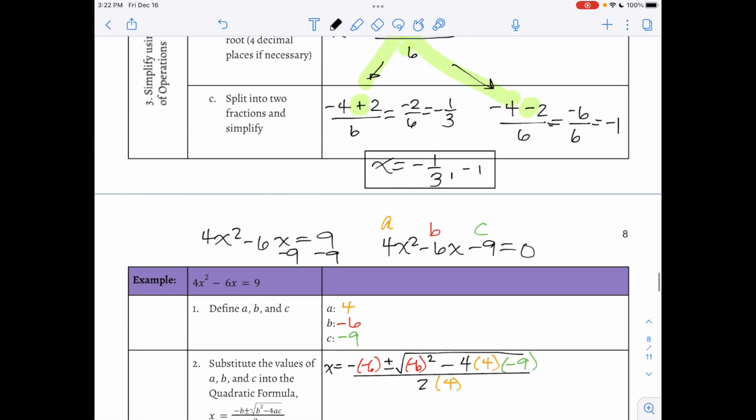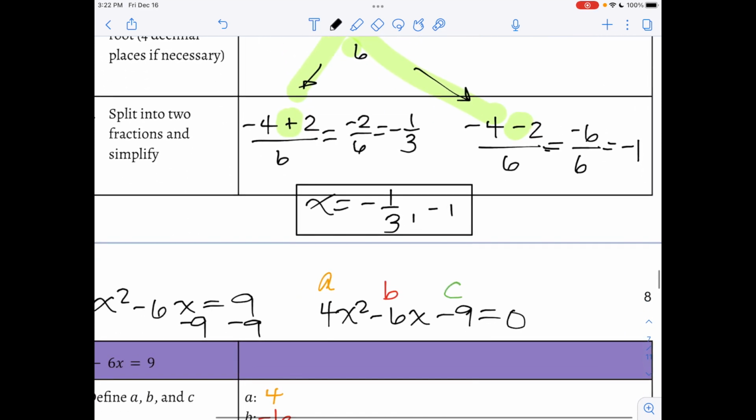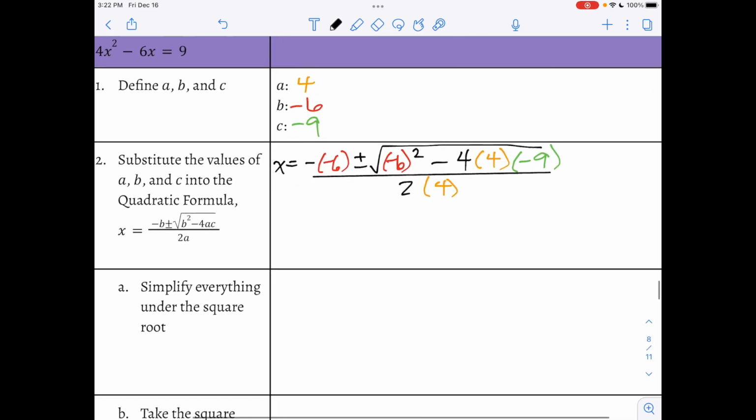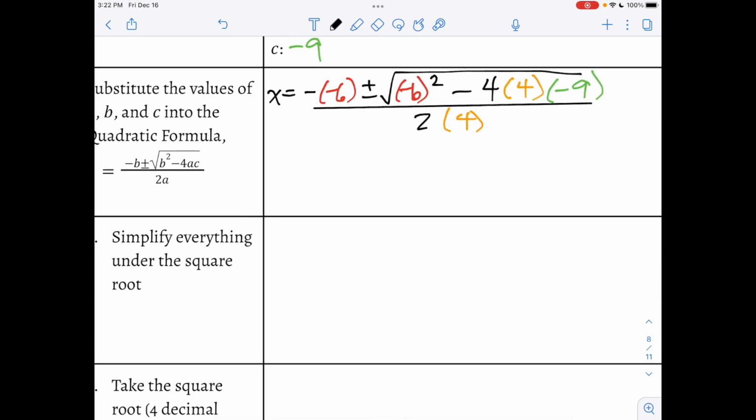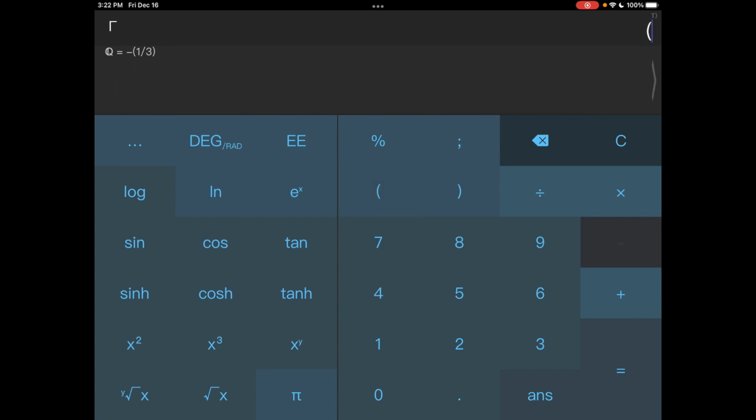So just like in the first one, I'm going to simplify some parentheses first as I'm simplifying my square root. So negative 6 would give me positive 6 plus or minus negative 6 squared. So when I plug this into the calculator, I want to make sure that I put parentheses around that negative 6 because otherwise the calculator is not going to do it right.